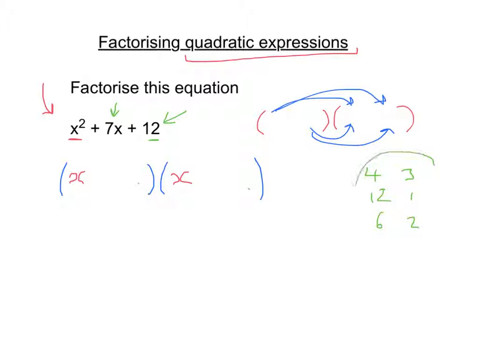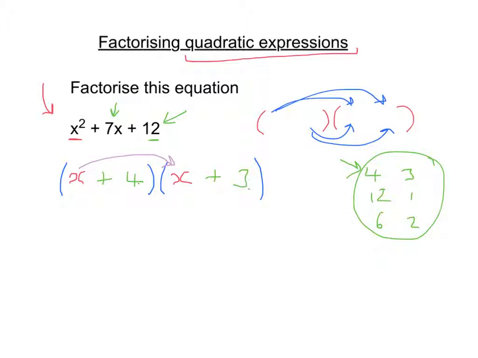So which of these add to 7? Yep, it's the top one. So if I put a 4 there and a 3 there, and put my pluses in the middle, that is the expression factorised. And if you're still not happy, if you don't believe what you've done, expand it and check.